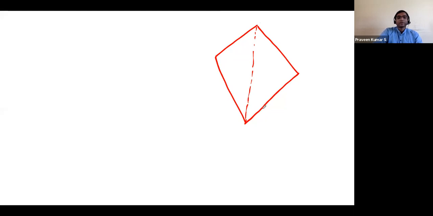The other way of solving this, or let me say, if this shape was a bit more complicated, what if this was like this? Then what would you have done? How will you solve this now?